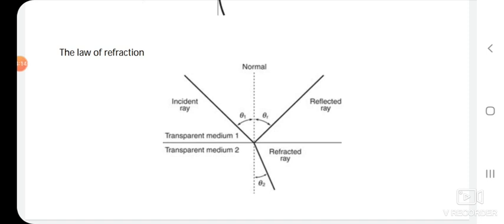That is, n is equal to sin theta 1 by sin theta 2, and n is the refractive index, which depends only upon the optical properties of that transparent material.